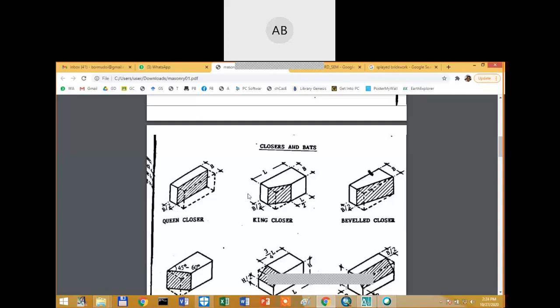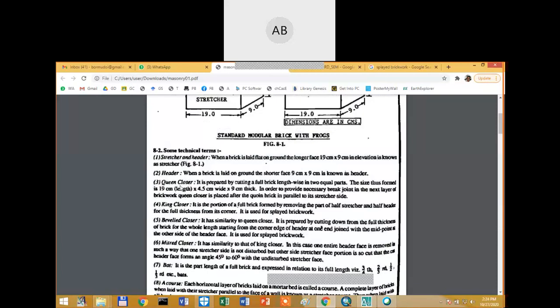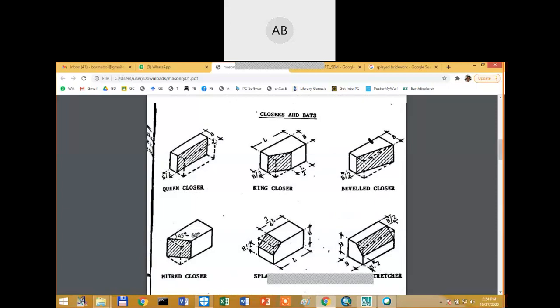Here you see queen closure. It is prepared by cutting a full brick lengthwise in two equal parts. The size thus formed is 19 centimeter in length, 4.5 centimeter in width, and 9 centimeter in thickness. If you cut the brick like this, it remains 19 centimeter in length, the thickness will be 9 centimeter, but this side will be 4.5 centimeters.